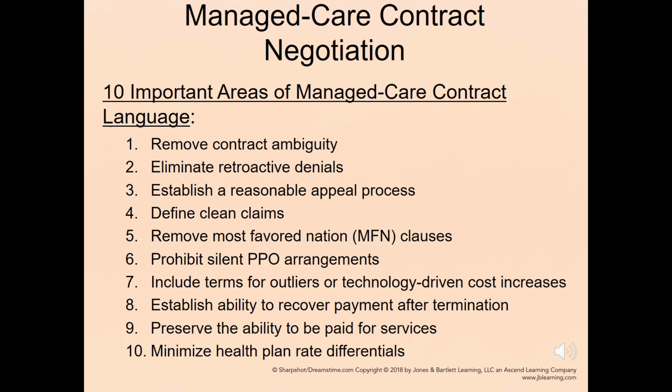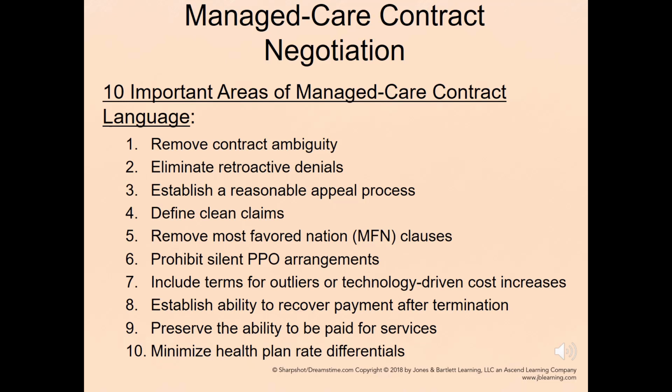There are 10 important areas of managed care contract language. One is to make sure to remove contract ambiguity, eliminate retroactive denials, establish a reasonable appeal process, define clean claims, remove most favored nation clauses, prohibit silent PPO arrangements, which is when a PPO takes the discount off of another network without actually belonging to that network.